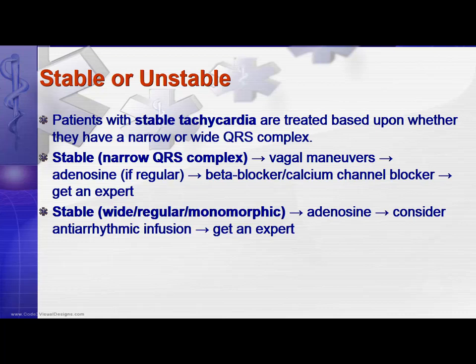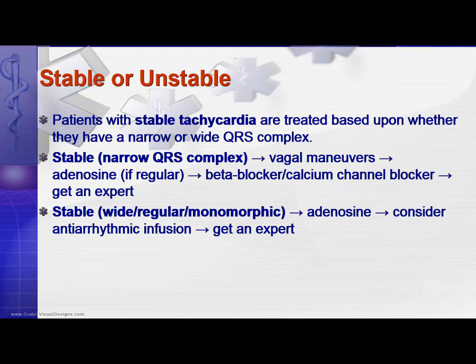Could be labetalol. Your calcium channel blocker will most likely be what? Not calcium chloride, the opposite. Diltiazem. Calcium chloride is the remedy for that, the antidote for it, all right? But yes, diltiazem or Cardizem, okay?